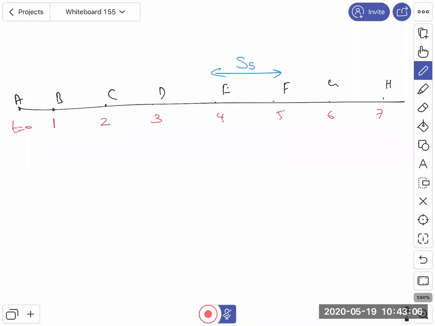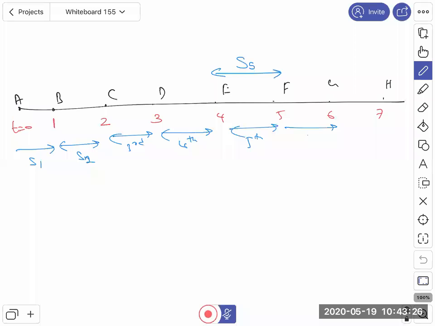So this is known as displacement in the 5th second. Did you understand? So this is known as displacement in the 1st second. This is displacement in the 2nd second. This is displacement in the 3rd second. This is displacement in the 4th second. This is displacement in the 5th second.